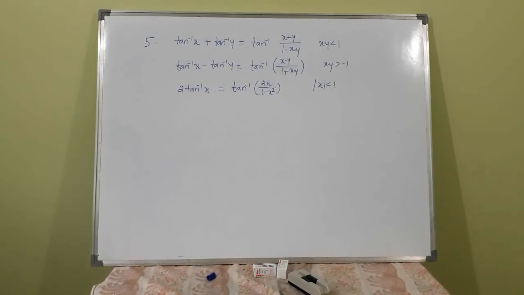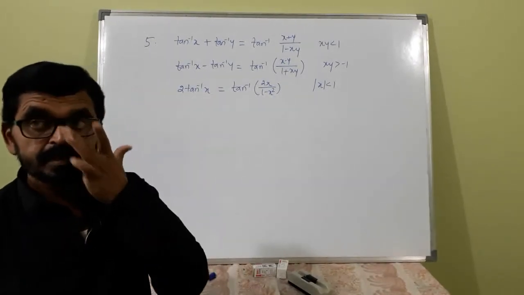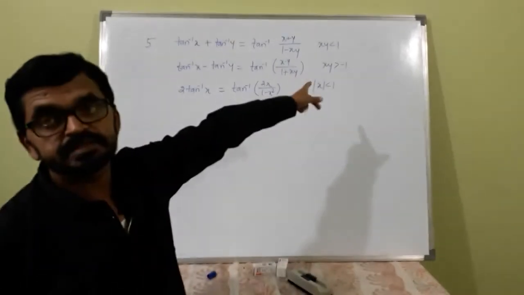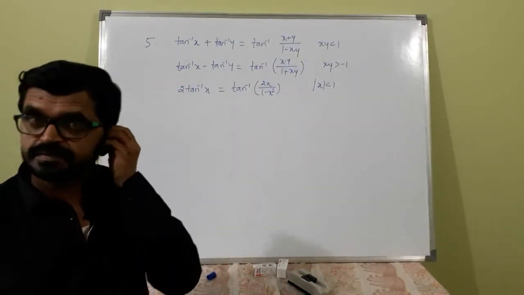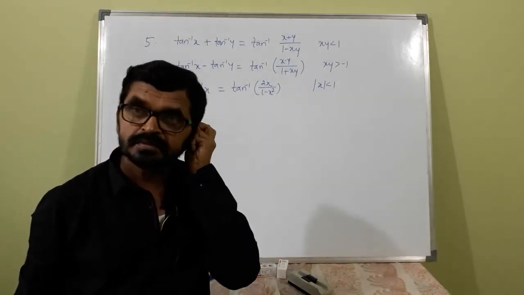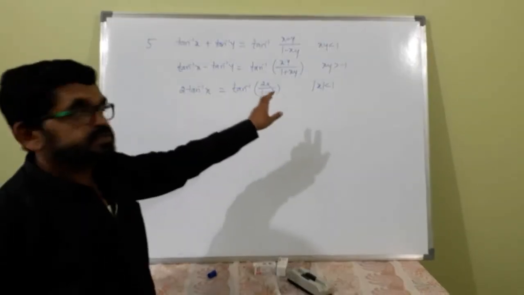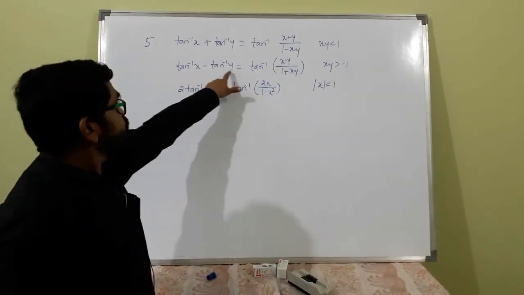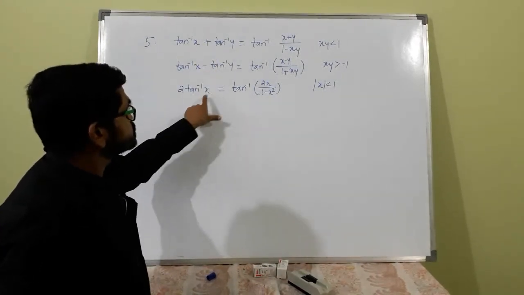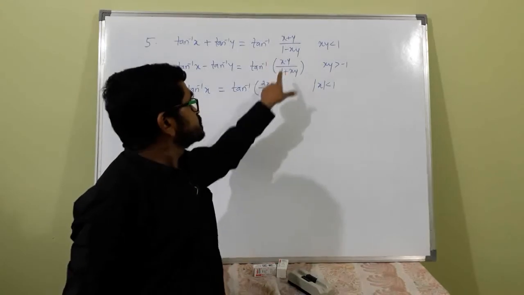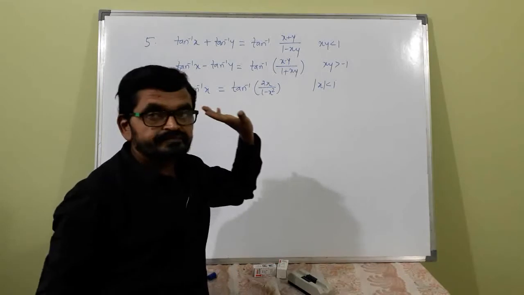See, tan inverse of x plus tan inverse of y is equal to tan inverse of (x plus y) divided by (1 minus xy). Tan inverse of x minus tan inverse of y is equal to tan inverse of (x minus y) divided by (1 plus xy). If you substitute x equal to y here, tan inverse of x plus tan inverse of x, that is 2 tan inverse x, is tan inverse of 2x divided by (1 minus x squared).